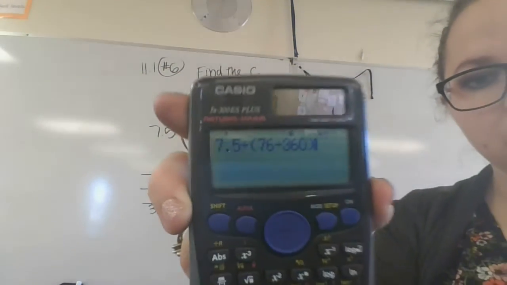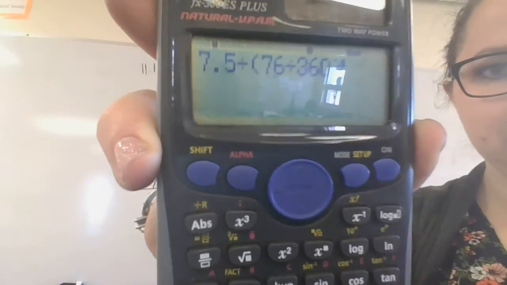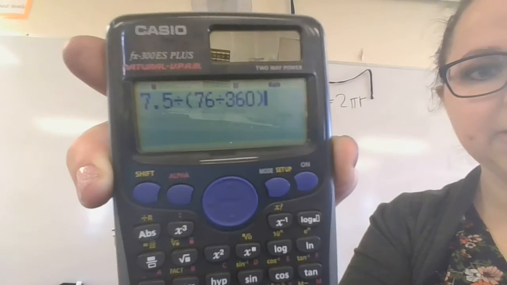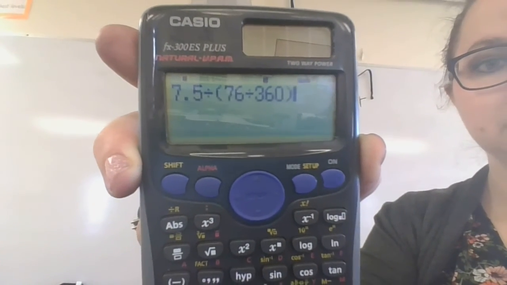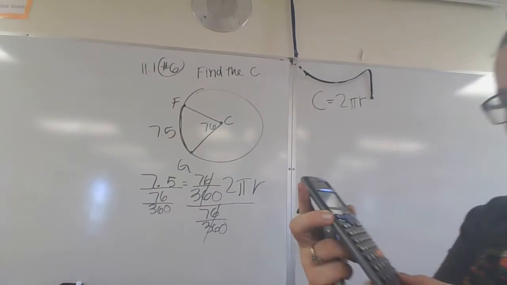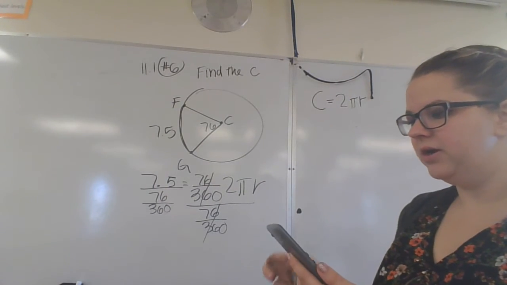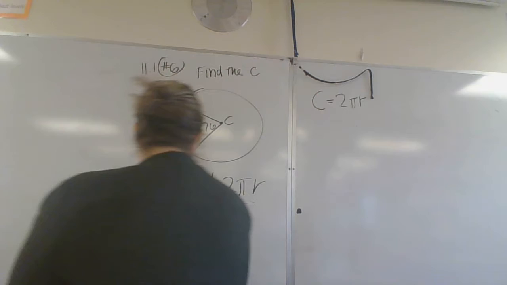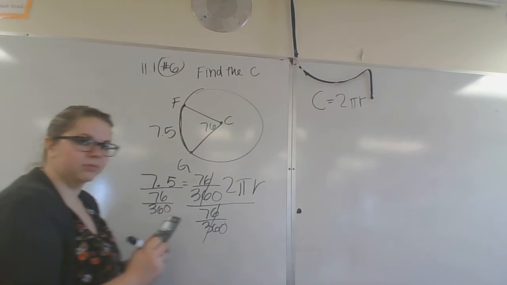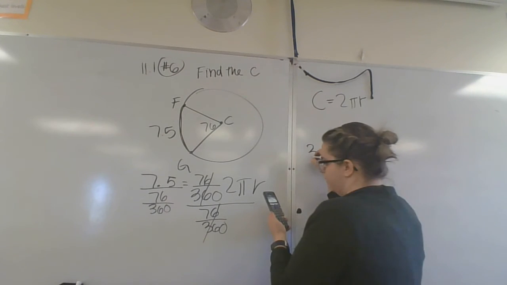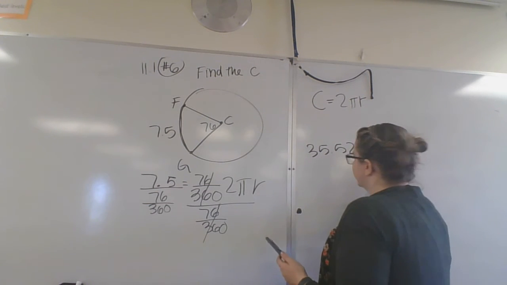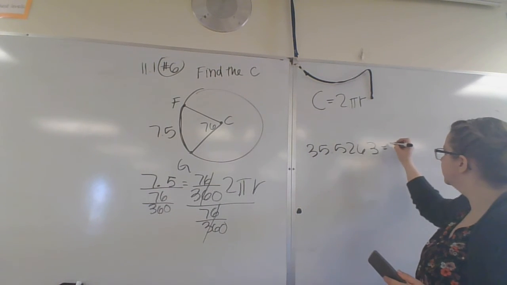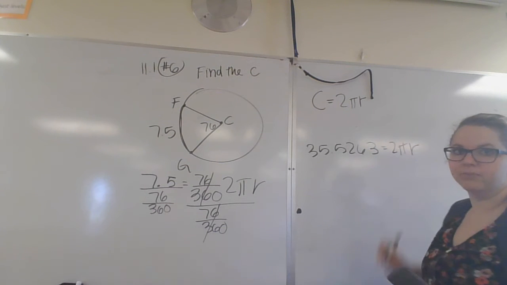You want the 76 divided by 360 in parentheses, or else it's going to do it wrong. I got a decimal here, 35.5263, equals 2 pi r.